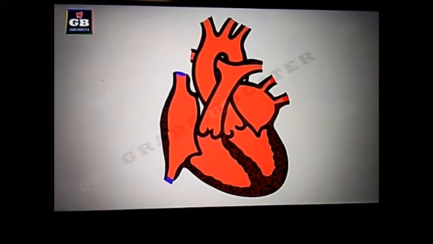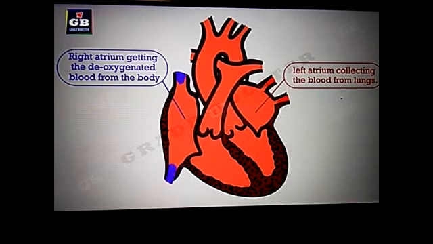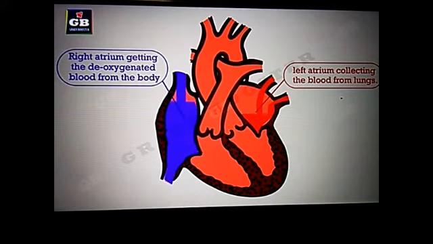But it does both the jobs simultaneously. Let's see how it does in action. The left atrium and the right atrium relax. The left atrium collects the blood from the lungs. The right atrium gets deoxygenated blood from the body.